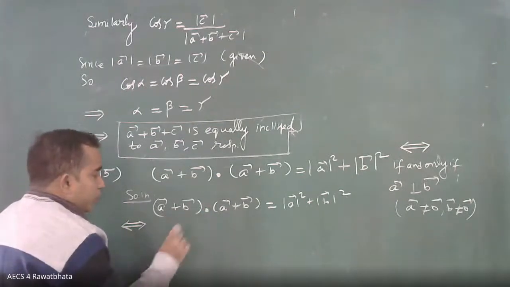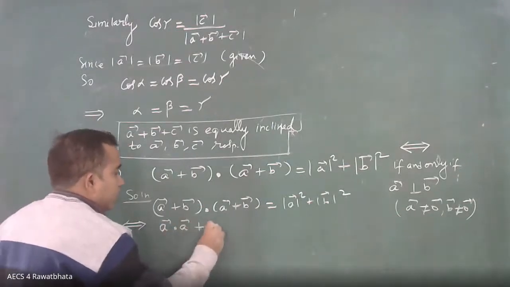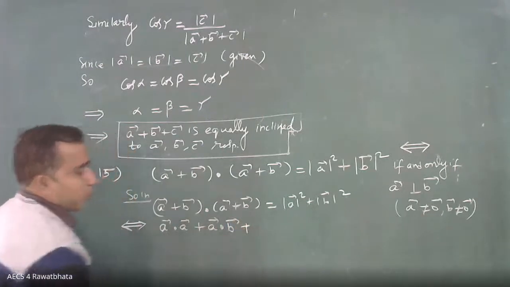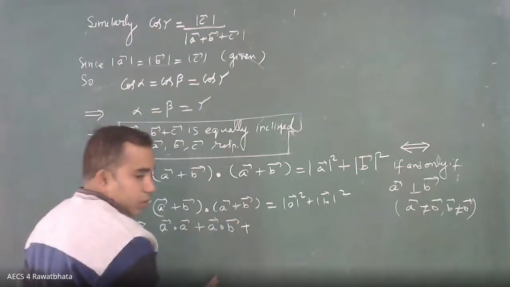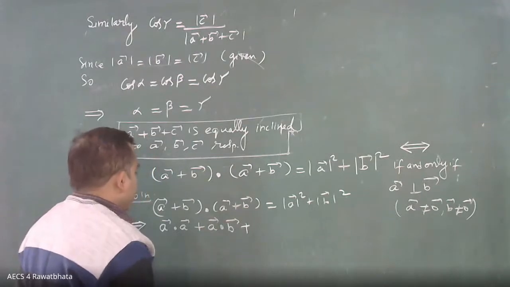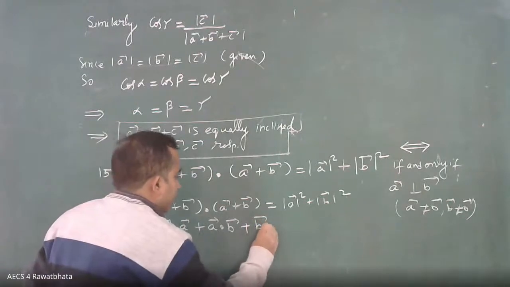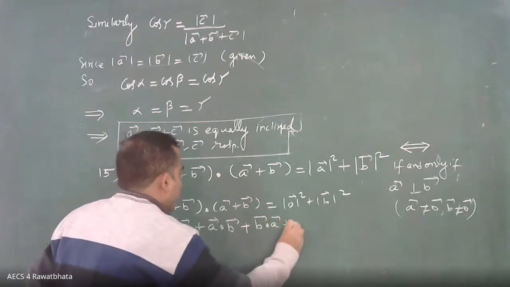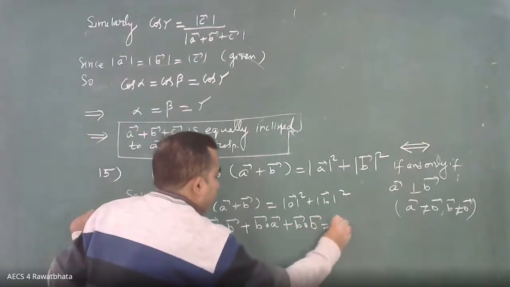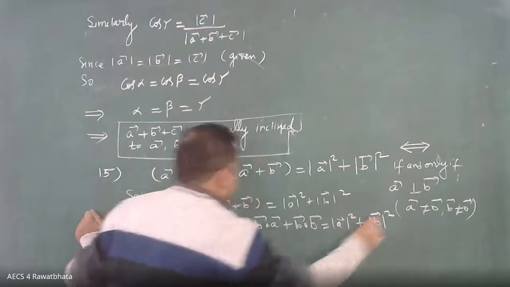Let me open the dot product. This will be A dot A plus A dot B, then B dot A plus B dot B, equals mod A whole square plus mod B whole square.